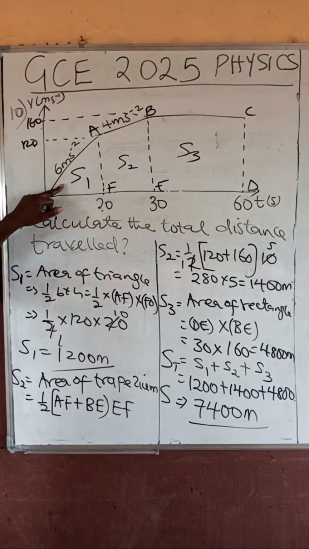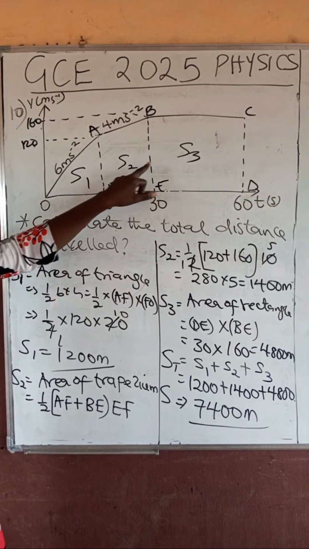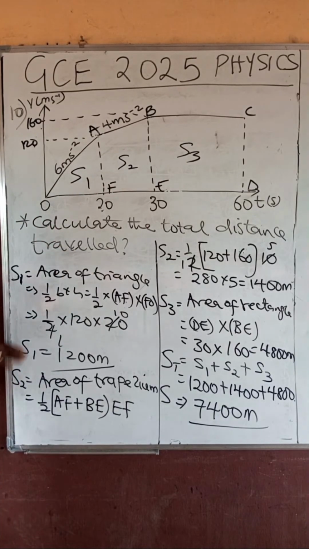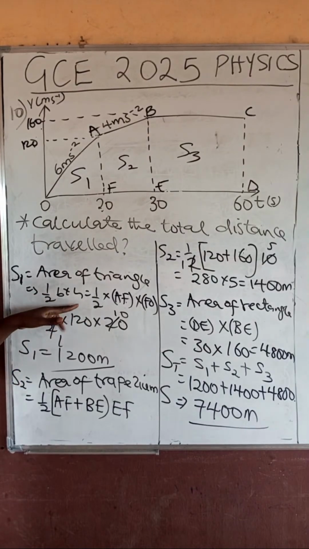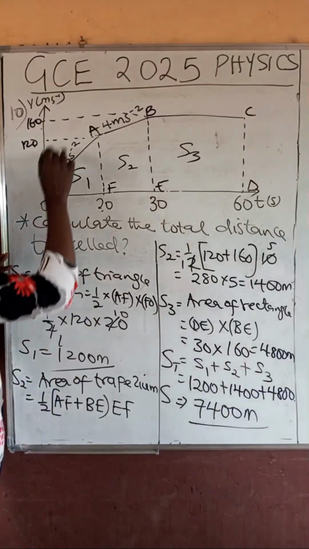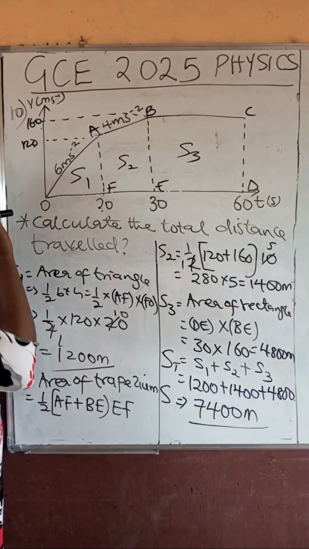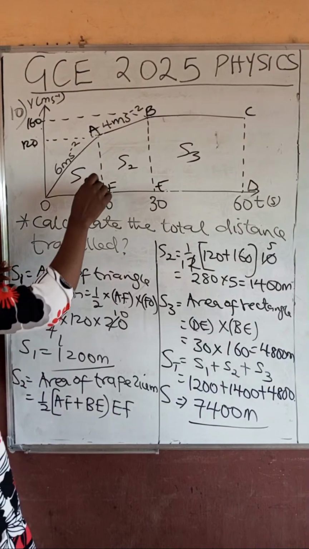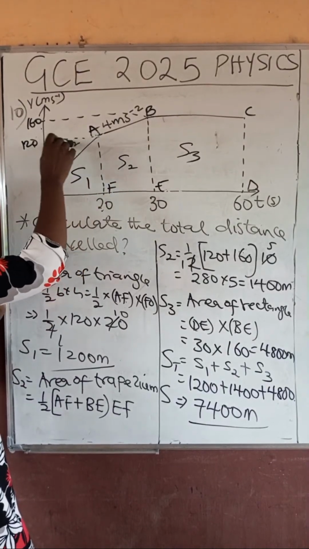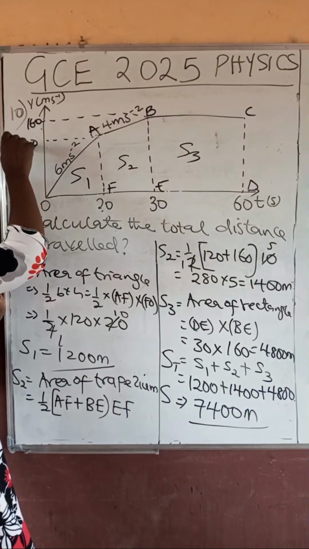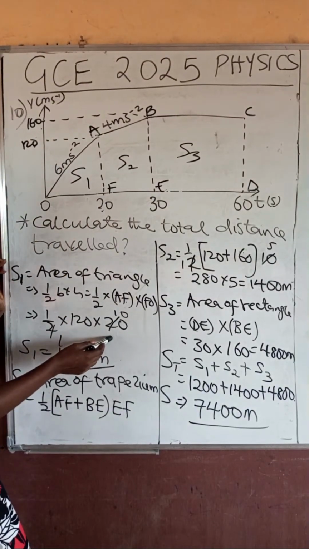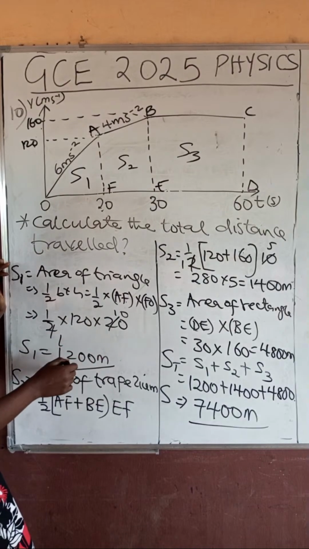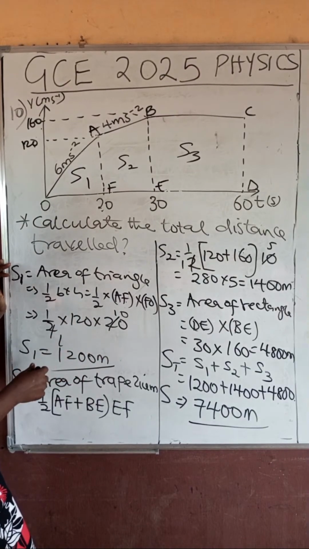This is the shape of a triangle, trapezium, and rectangle. I'm using the area for the distance. The area of a triangle is half base times height. I'm considering this triangle. My base is 120, and my height is 20. Then I divide and get my S1 to be 1,200.